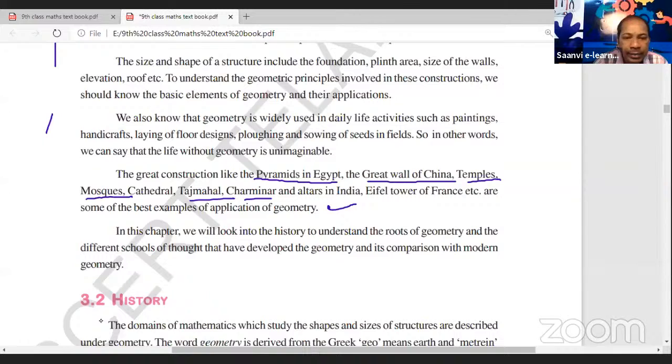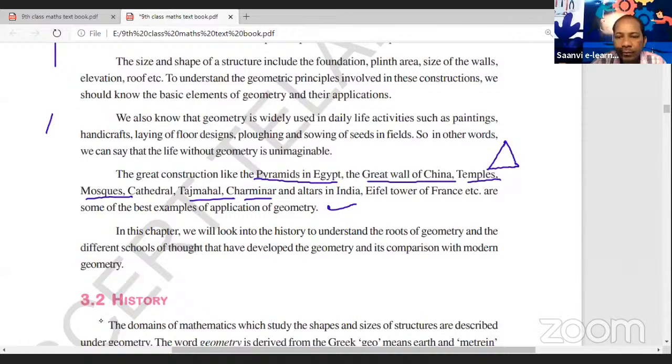These great constructions were built with the help of geometry only. So without geometry, we cannot construct them. Even if you want to draw a triangle, we need geometry.